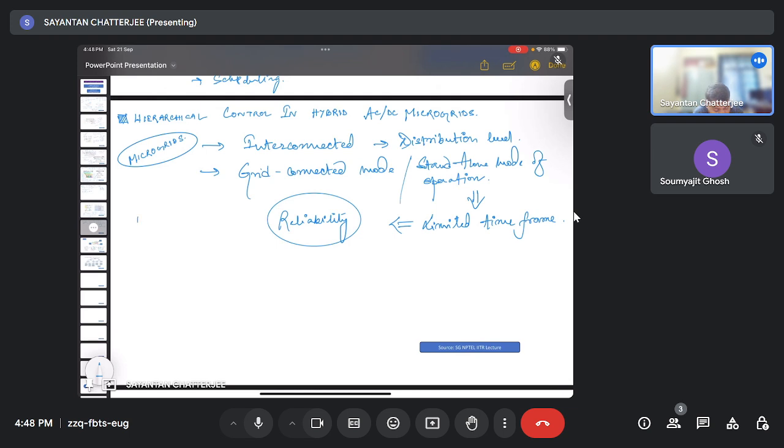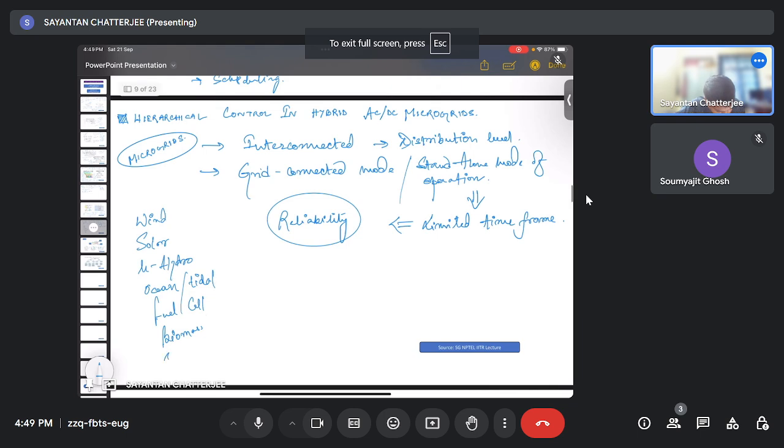Now, in microgrids we have many types of renewables integrated, like wind, solar, micro hydro, ocean, tidal, fuel cell, biomass, and we can also observe storages.